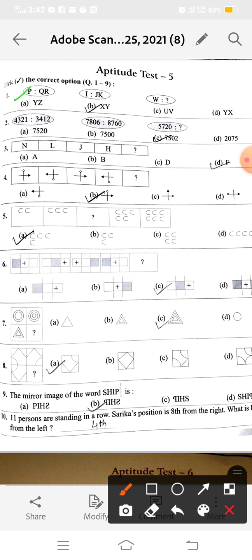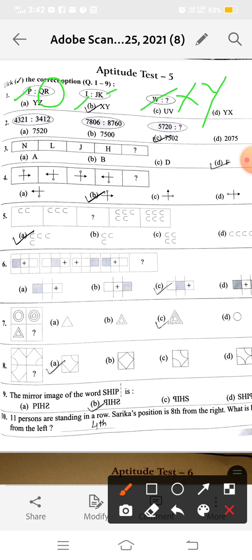See, P, then Q, R, it means it is in ascending order. And here is I, J, K. So W, X, Y, as we have to arrange all the alphabets in ascending order.